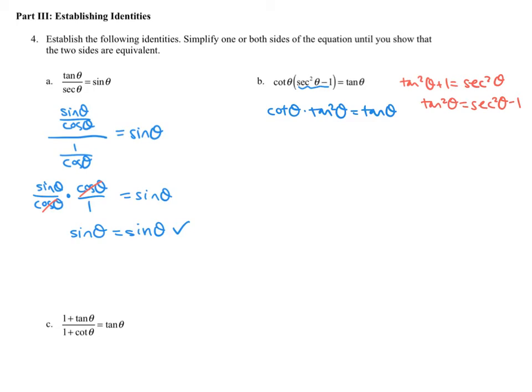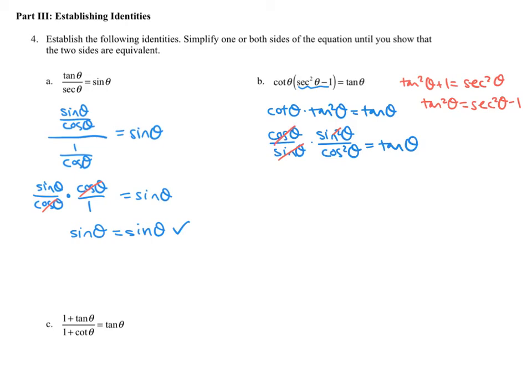Now, cotangent is cosine theta over sine theta. Tangent squared theta is sine squared theta over cosine squared theta. And the sine theta on the bottom left will cancel with one of the sine thetas from sine squared theta.